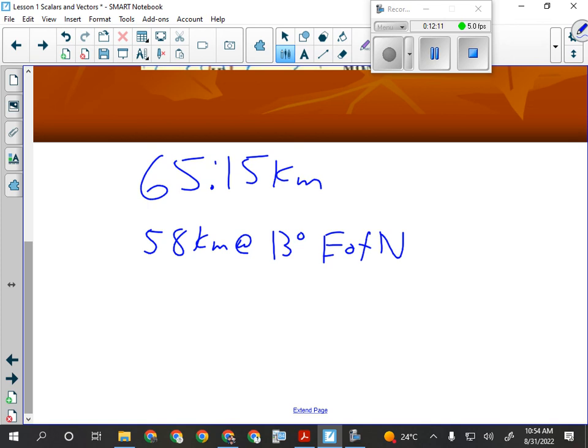The top one is a scalar quantity. The bottom one is a vector quantity. Which one's more accurate? The scalar quantity.